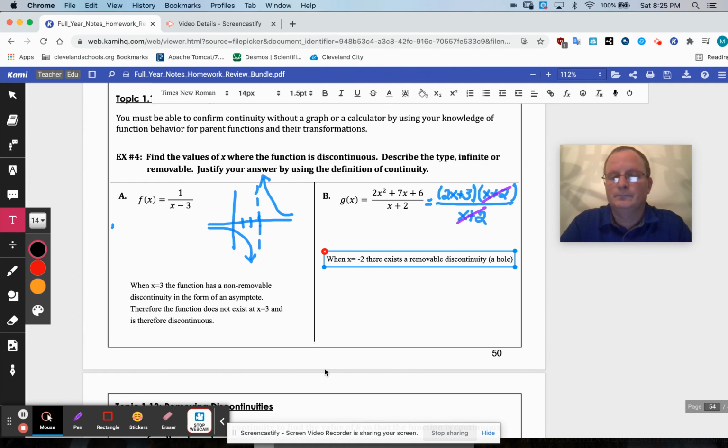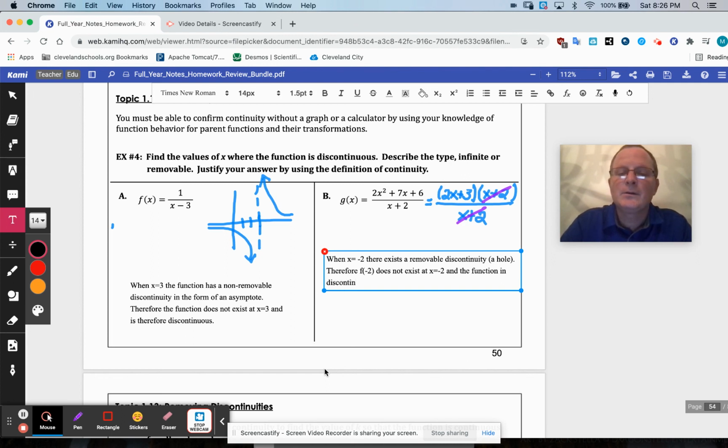Therefore, f of -2 does not exist, and the function is therefore discontinuous at that x value. Something along those lines.